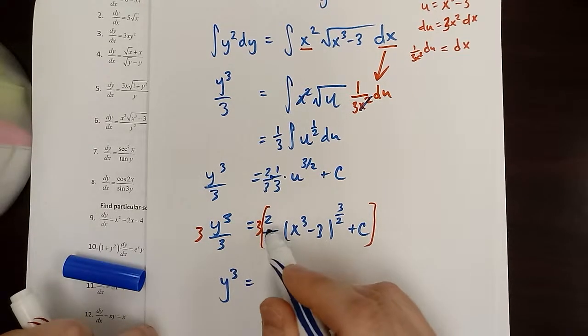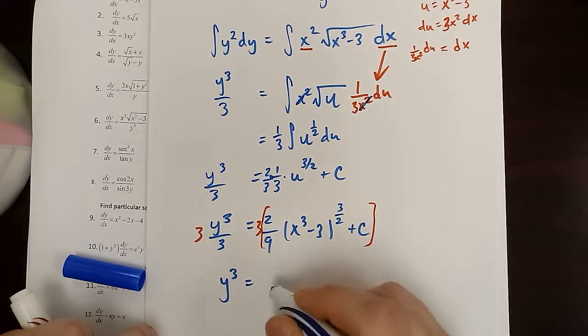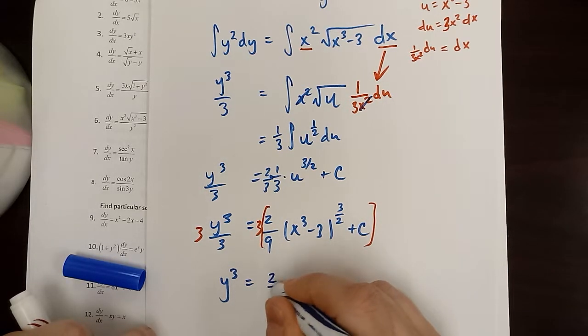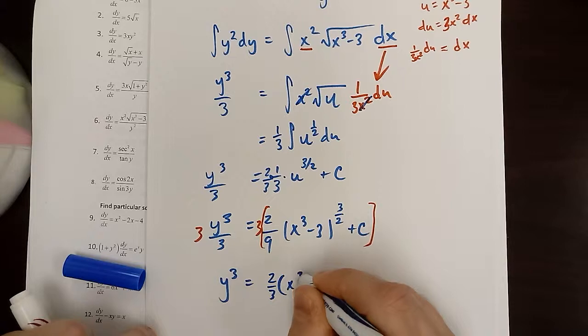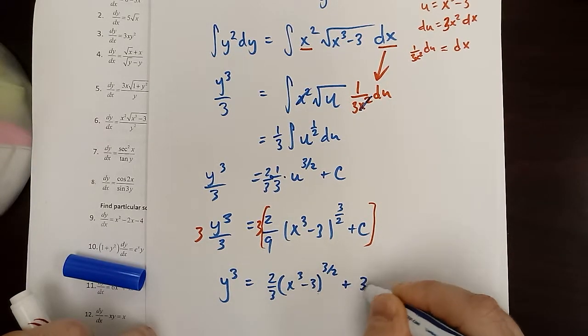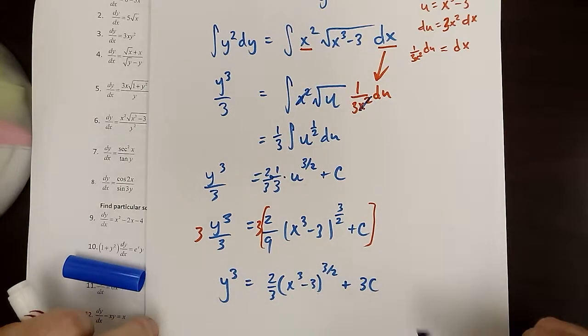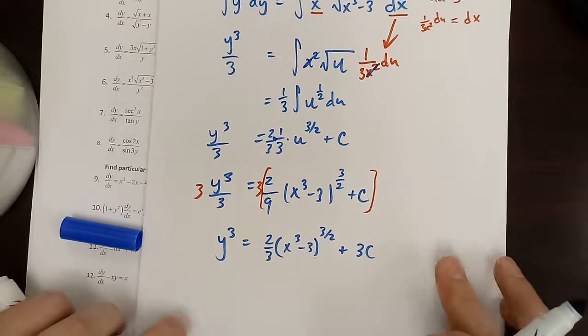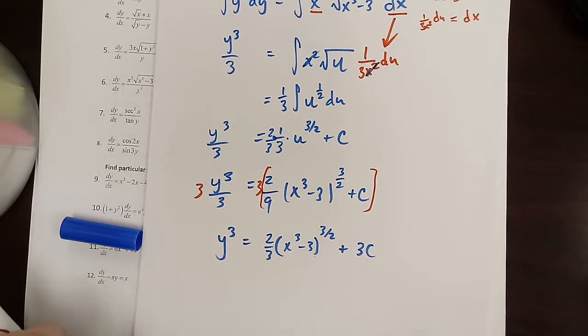I can distribute this 3 to both of those. I got 6 over 9, or 2/3, times x cubed minus 3 to the 3/2 plus 3c, and that's the part that's kind of wonky. We could just call that a different c and get away with it perfectly.